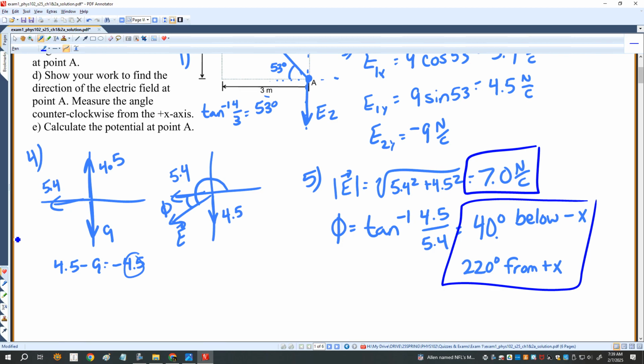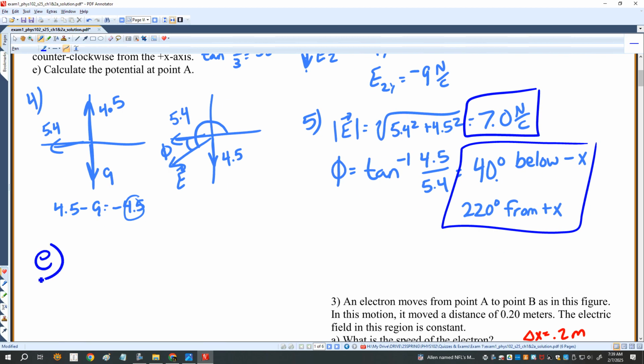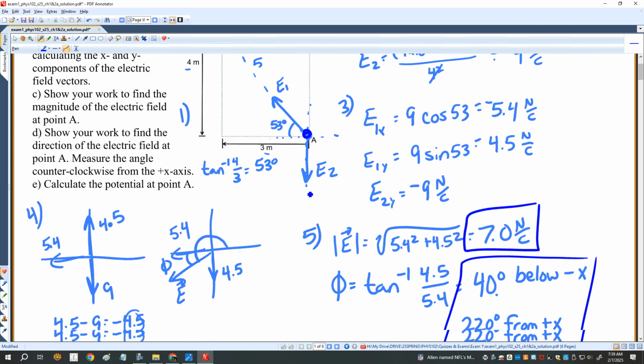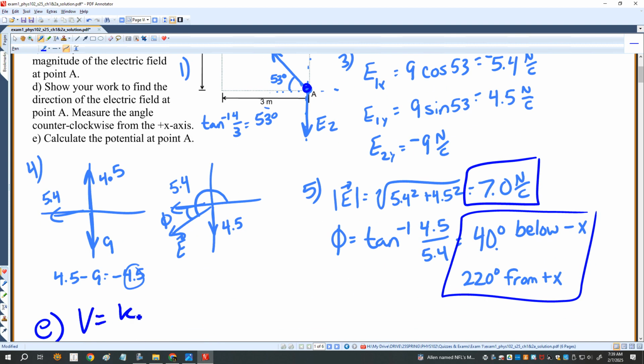Oh, I didn't do part E there. I'm sorry. Calculate the potential. So for part E, to calculate the potential at that point, I would say V is equal to kQ1 over R1 plus kQ2 over R2.